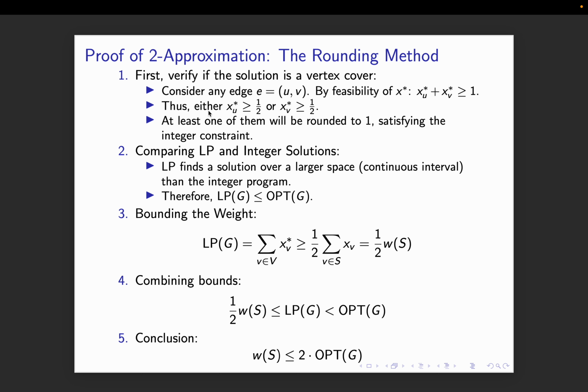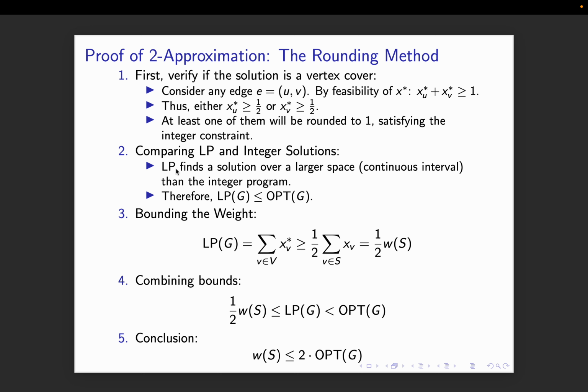So that means either xu star must be at least half, or xv star must be at least half, or both. Not both of them can be less than half, because if both were less than half, then the sum couldn't have been at least 1. So at least one of them will be rounded up to 1. So that satisfies the integer constraint too, actually. So when I do this rounding, I am not violating the integer constraint. I solve the linear program and then I round it, and I still get a vertex cover.